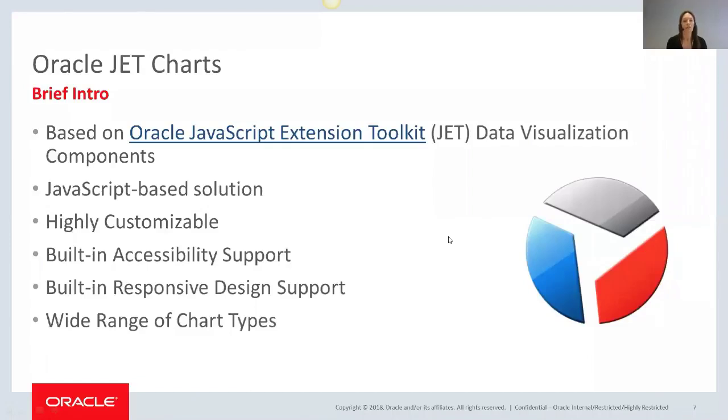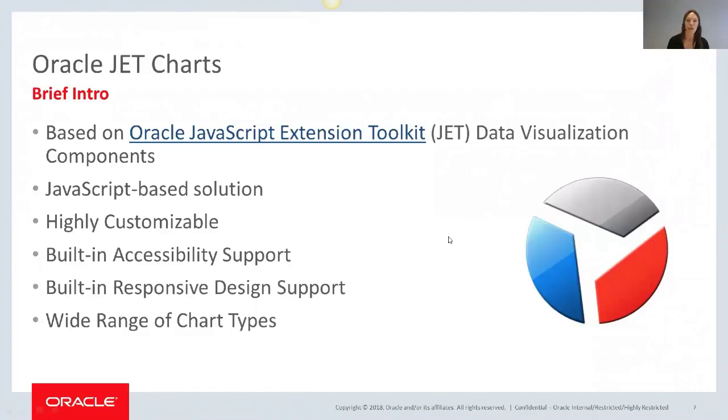Jet has a very well documented API to support their visualization components, many of which we declaratively expose in Page Designer, so you can utilize them in your charts. What's great is that they have built-in accessibility support to the WCAG 2.0 standards, providing built-in keyboard navigation support, zoom control up to 200%, and appropriate color contrasting.